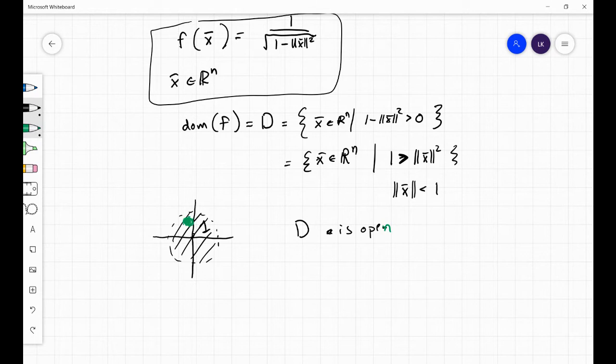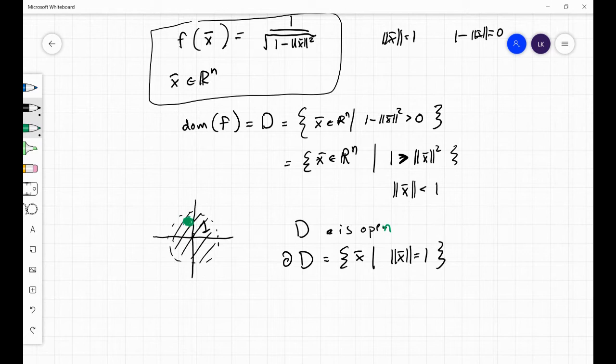D does not contain its boundary. That's right, because of the denominator. If we had magnitude of x equals 1, then in the denominator 1 minus magnitude of x is 0. We can't divide by 0. Now the boundary of D is exactly all points on the unit sphere, all points that are exactly distance 1 away from the origin.